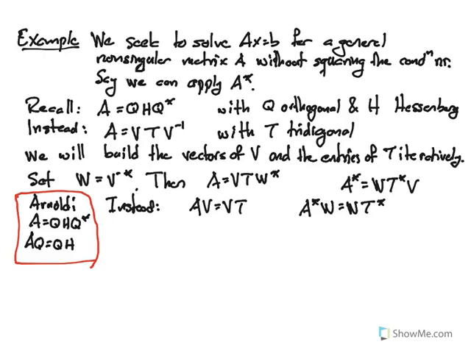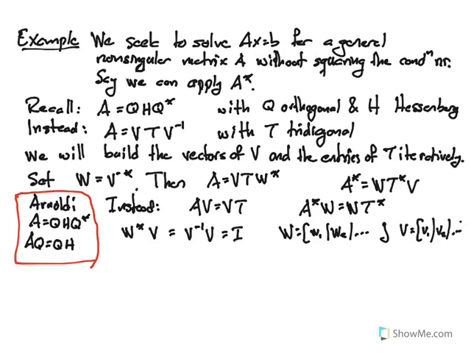To be precise, we have that W star times V, this is V inverse times V, is identity. So in other words, if W has columns W1, W2, and so on, and V likewise is V1, V2, and so on, then W_i star V_j is delta ij. So it's 0 if i and j are different.